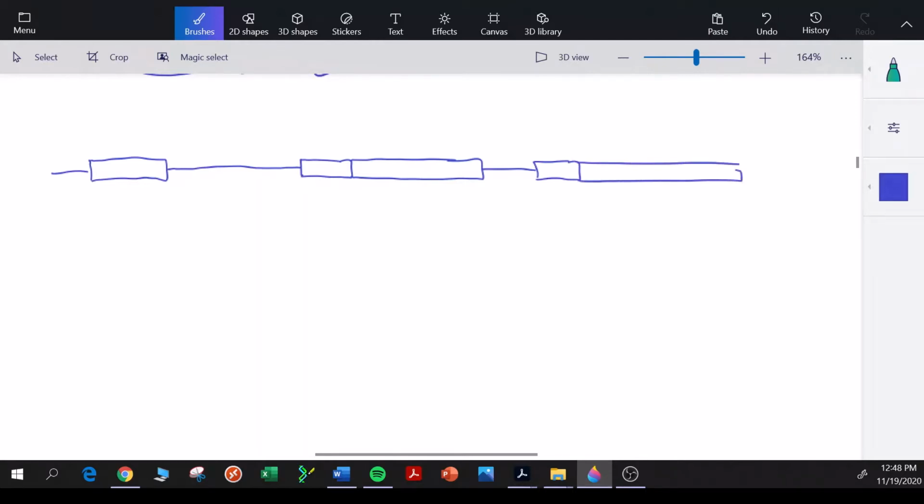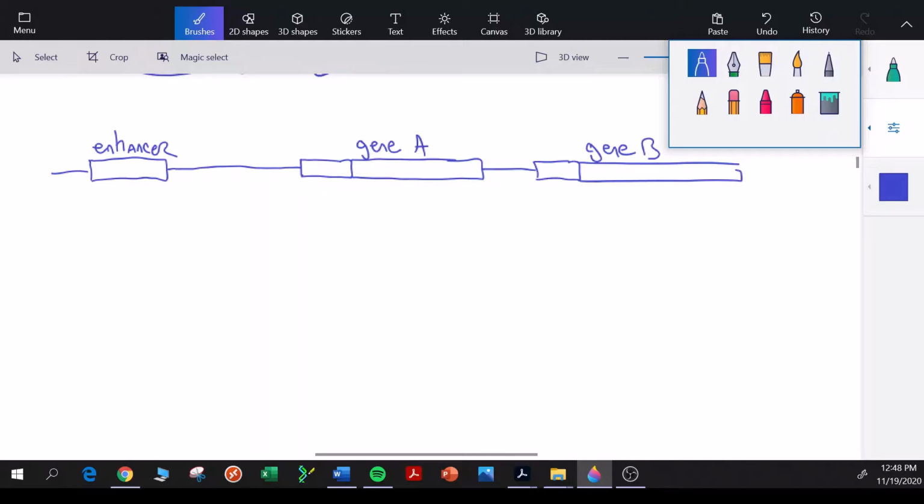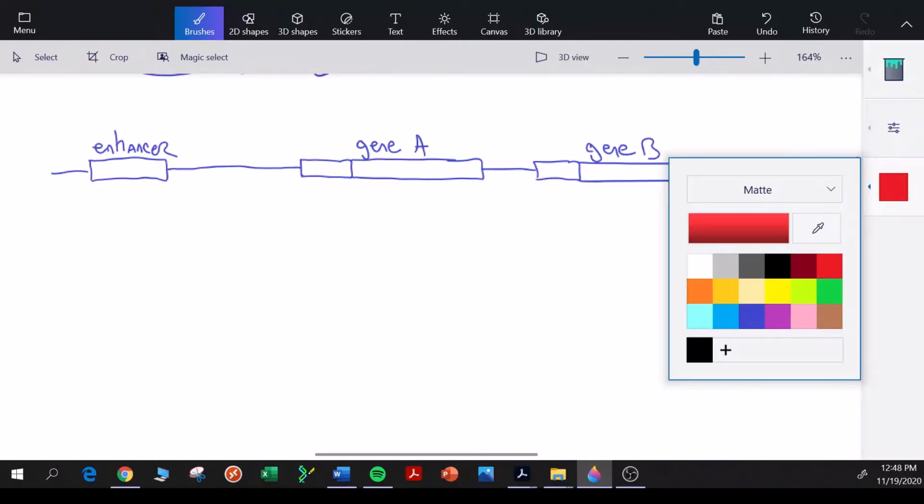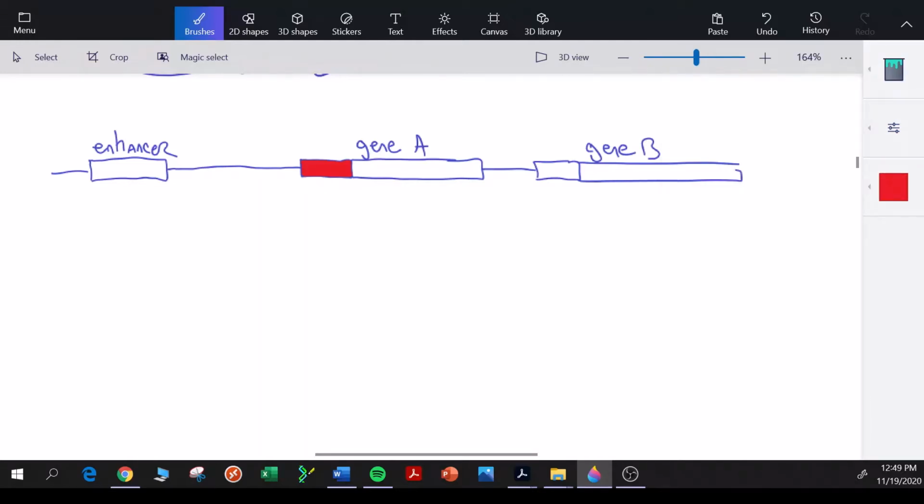So let's say this is an enhancer over here, and let's say this is a gene. We'll call this gene A, and we'll call this one gene B. And let's say this is the promoter region here and here.